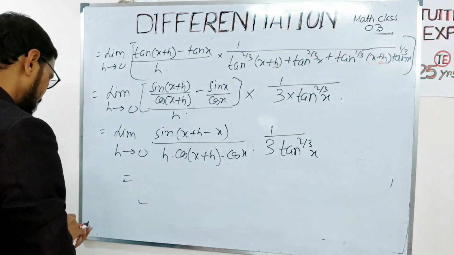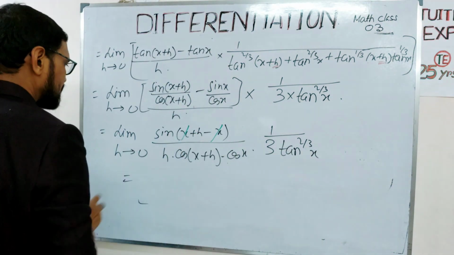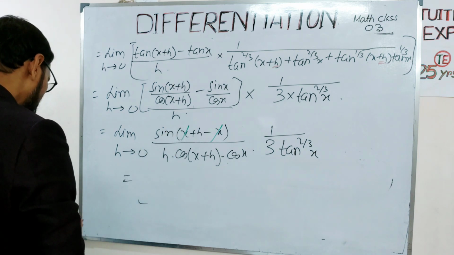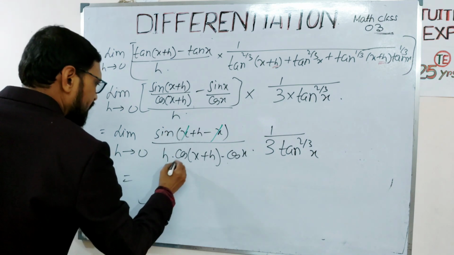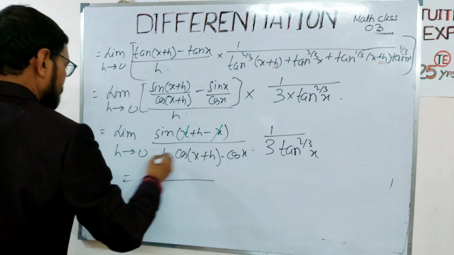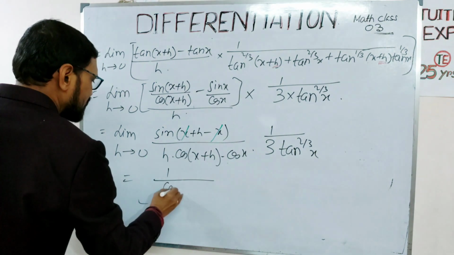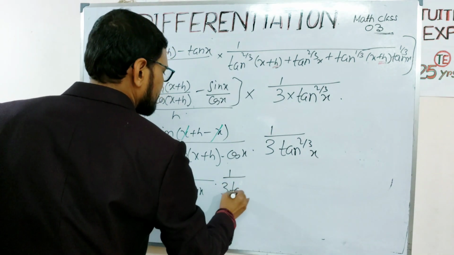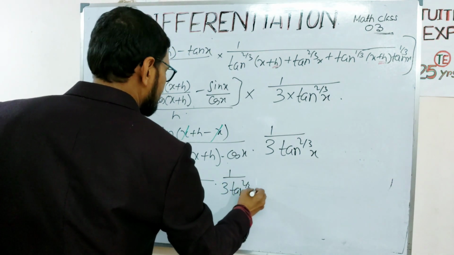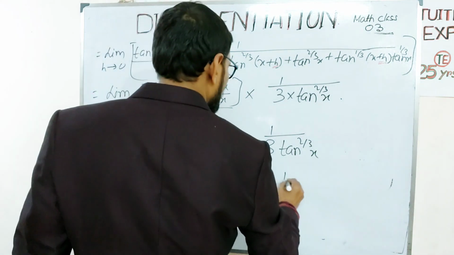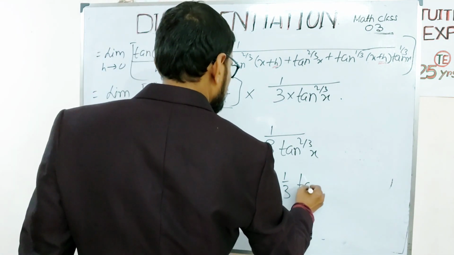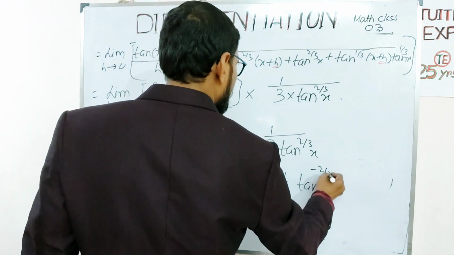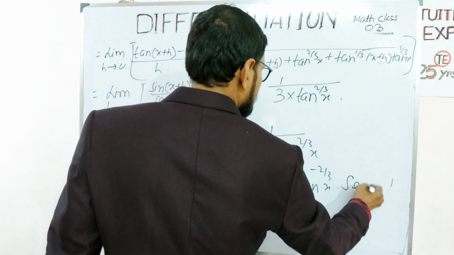Now cancel this and this. Now sin h by h equal to 1 from the limiting value. Sin h by h equal to 1, and put here h equal to 0, cos x into cos x. So the result is 1 by 3 tan to the power minus 2/3 x into sec square x.